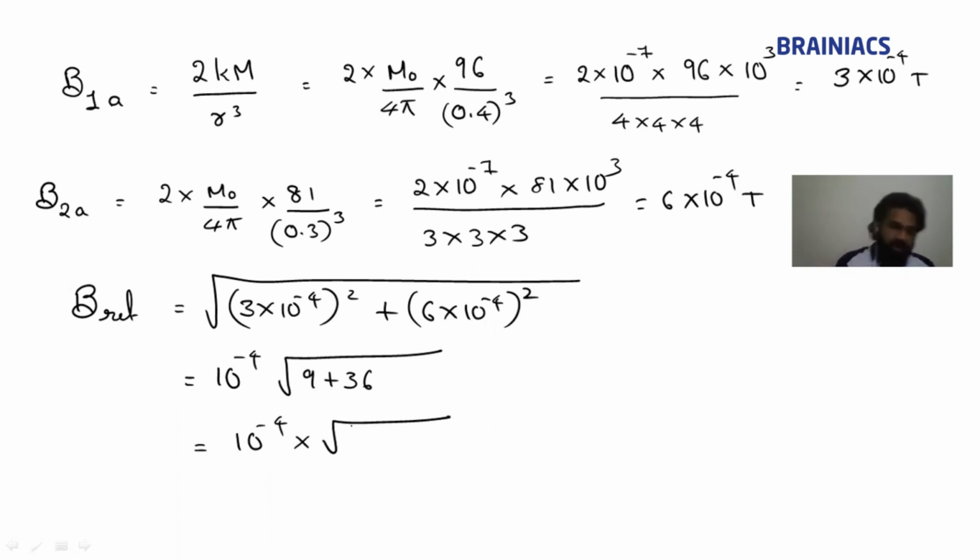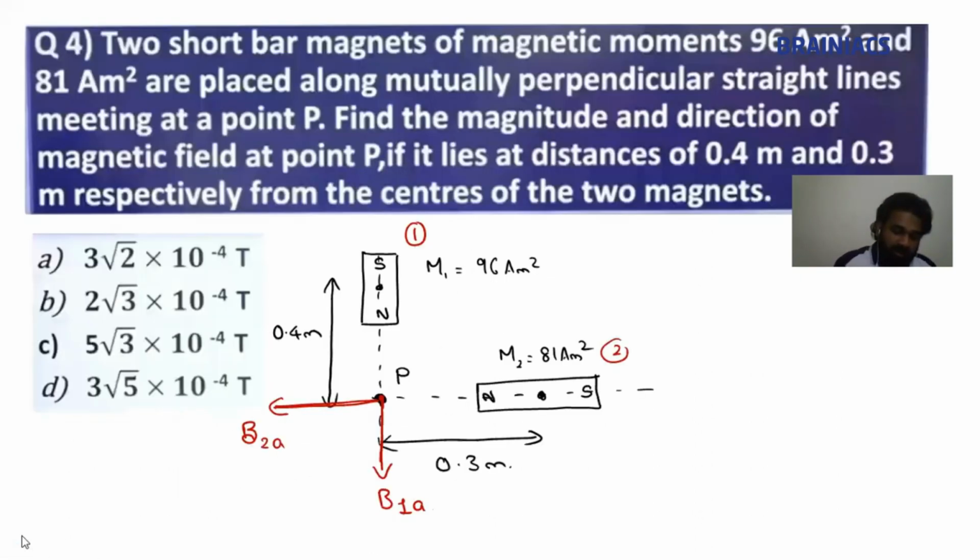Root 45 is root of 9 into 5, so we can write it as 3 root 5 into 10 raised to minus 4 Tesla. Option D is the correct answer.